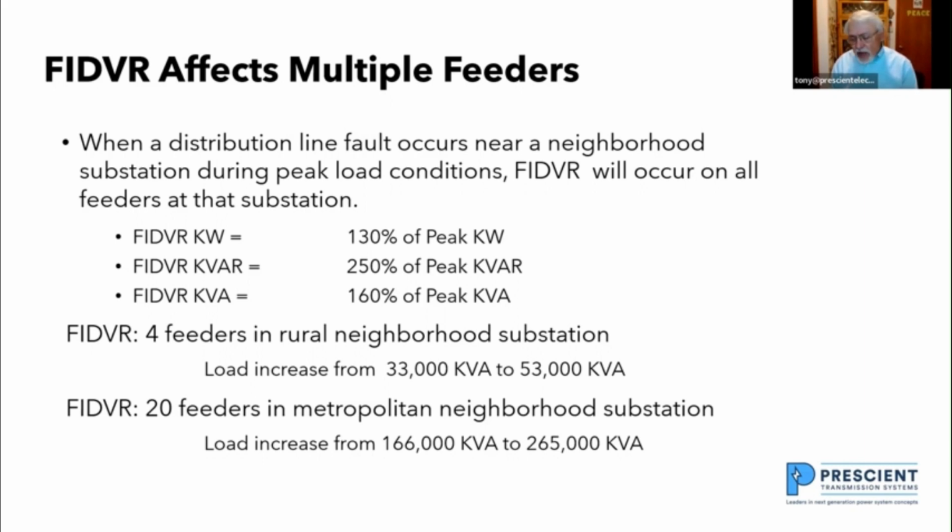When I look at city areas like New York City and a metropolitan neighborhood substation, typical substations in New York City have 20 feeders, and the load could increase from 166,000 kVA to 265,000 kVA. That represents the 160% increase in the peak kVA during reacceleration.